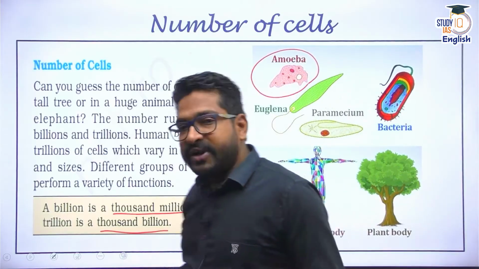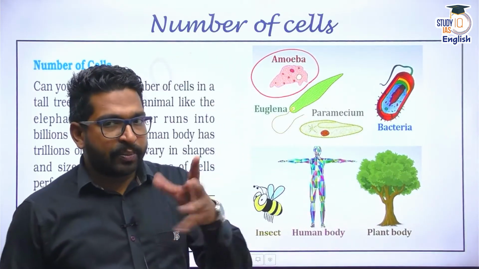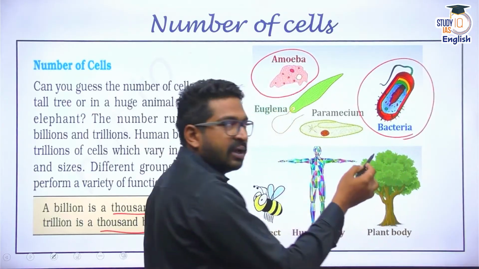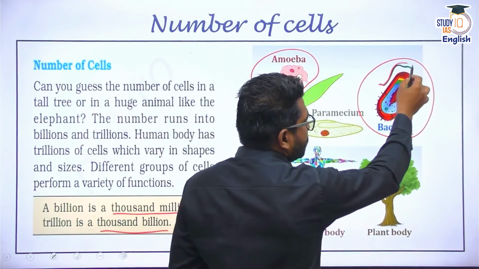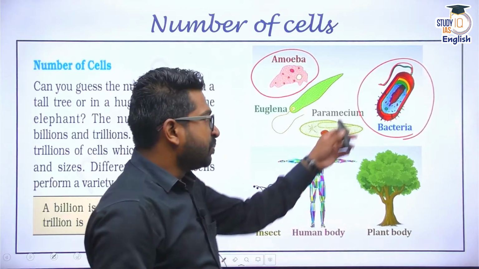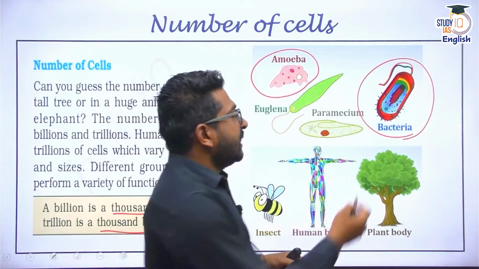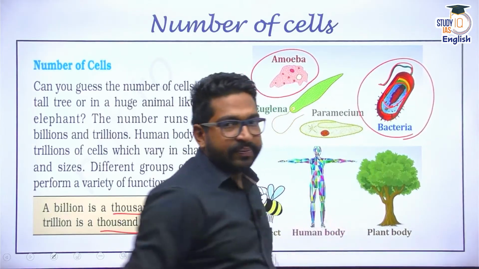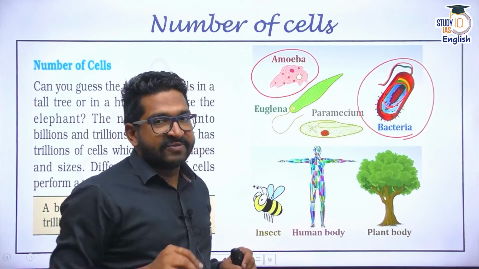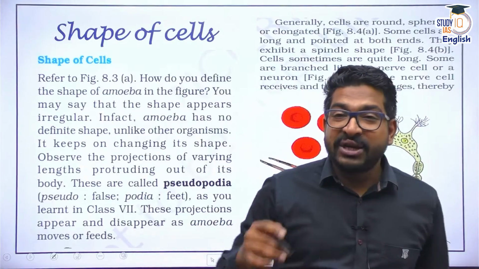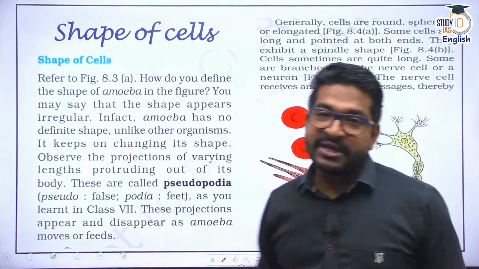For instance, a bacteria or a prokaryotic cell has a structure something like this, where it might have a flagella or a cilia for its movement. Its cell is composed of a cell membrane and a cell wall, and it has some nuclear material in it. That means its shape is defined. But for amoeba, its shape is not defined. It can change its shape according to its requirement.